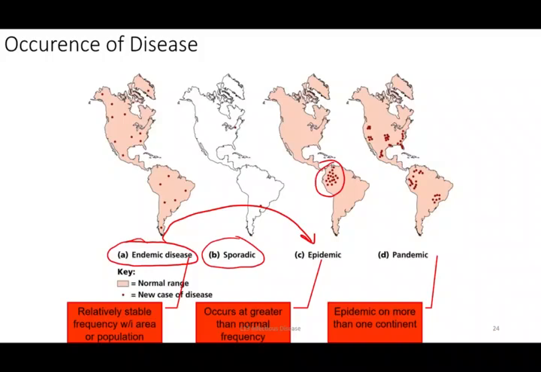But if we're significantly above that, as it says, occurs at greater than normal frequency, an epidemic is not necessarily a high number of cases. You don't necessarily have to achieve a high number to say, oh, that's an epidemic. An epidemic is defined as greater than what we normally expect. On the next slide, I'll give you an example of how this is.